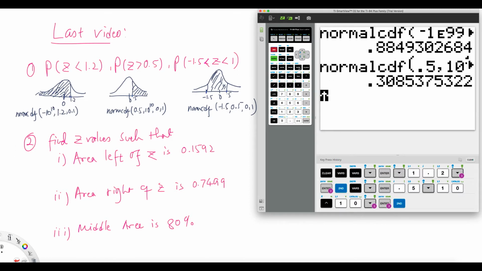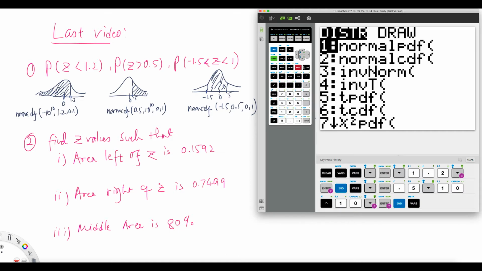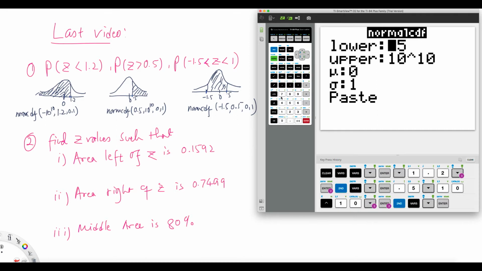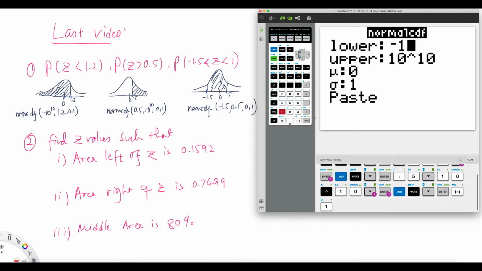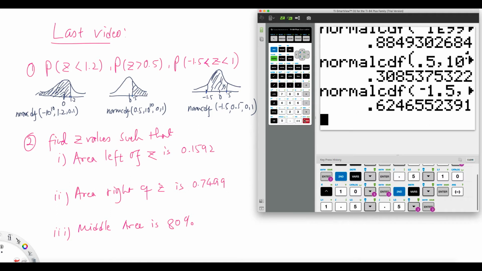Second vars, go to normal CDF again, hit enter. The left is negative 1.5, right bound is 0.5, mean is 0, sigma is 1, and you paste it. This is what you get, 0.6247, so 62.47%. This is one thing we learned in 6.1.